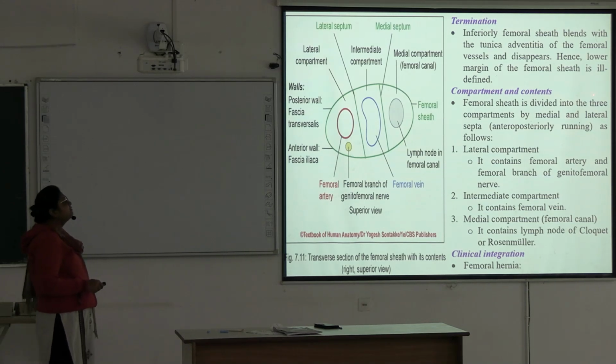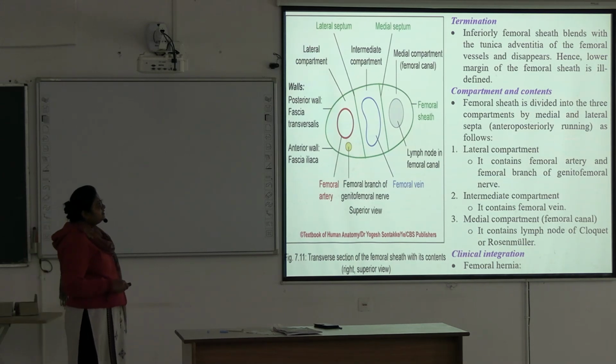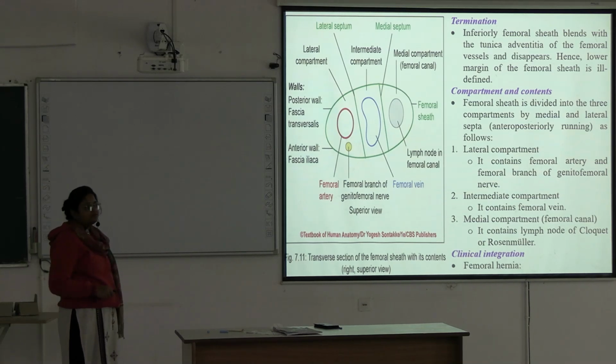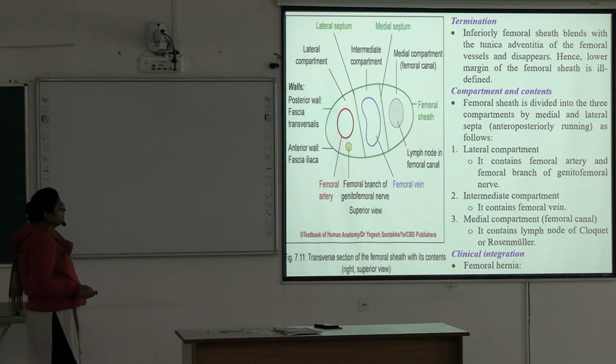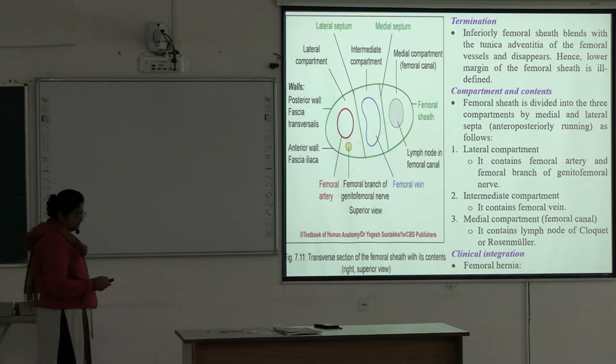Femoral sheath is divided into 3 compartments by medial and lateral septa, which are directed antero-posteriorly. Lateral compartment contains the femoral artery and femoral branch of genitofemoral nerve. Intermediate compartment contains the femoral vein, and medial compartment, also known as femoral canal, contains the lymph node of Cloquet or Rosenmuller. See, content is important. And the clinical aspect is femoral hernia. Femoral hernia occurs through this femoral canal.